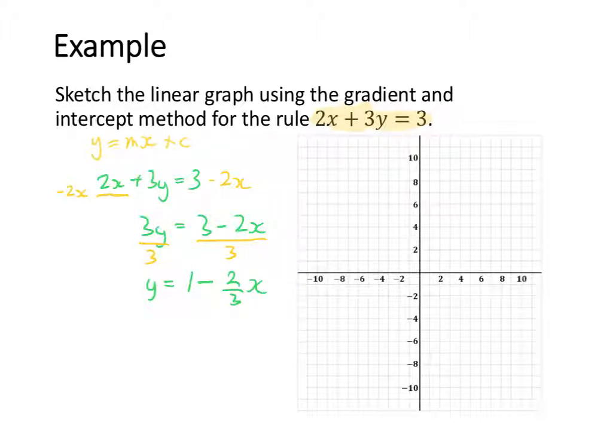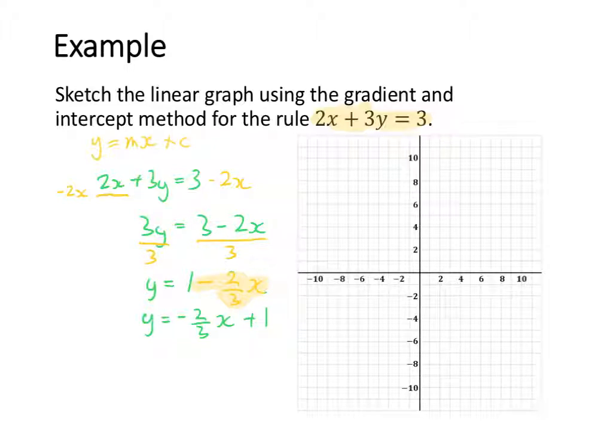As my final rearrangement, I can rearrange it into the format of y equals mx plus c. So y equals, then I would move my gradient of negative 2/3 of x up to the front, so negative 2/3 of x and then plus 1 onto the end.